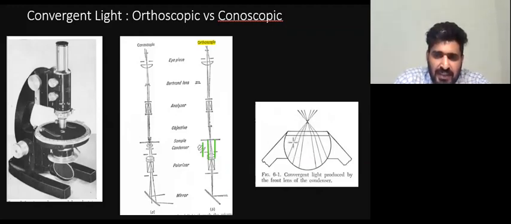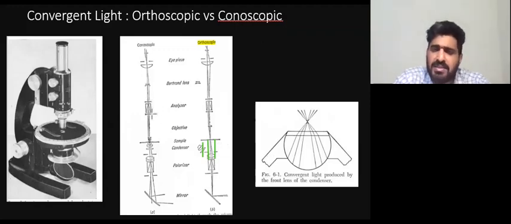You can see that the light is actually coming and hitting the section at an angle. The earlier time it was perpendicular to the section, but here it is coming at an angle, and this kind of arrangement is called conoscopic study. So you have got the conoscopic arrangement and you have got the orthoscopic arrangement.